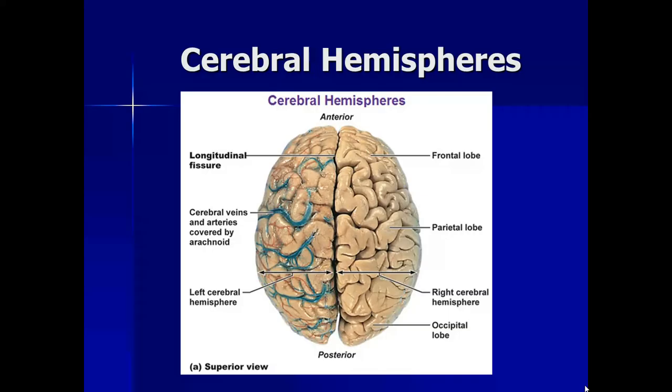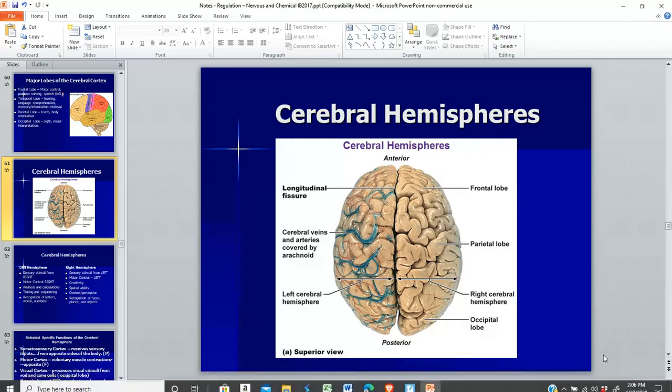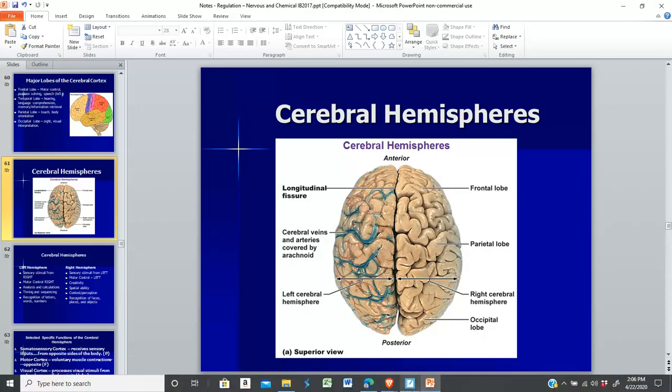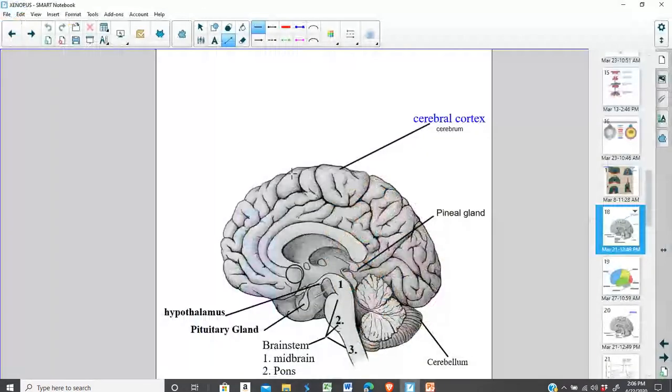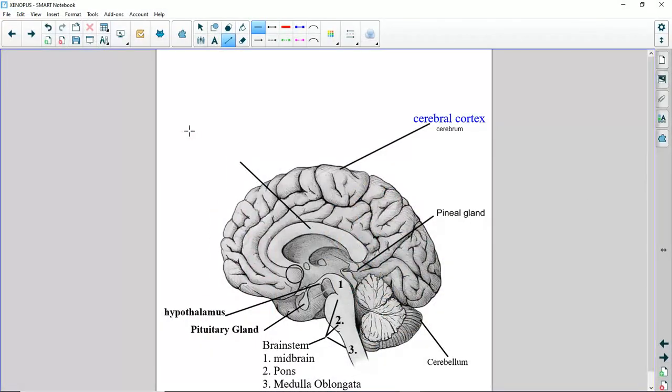Now, information is passed between the two hemispheres by a special section of nerve cells that form what is called the corpus callosum. So I wanted to go back to the brain picture so we can label the corpus callosum, and you can add that to your brain picture there.